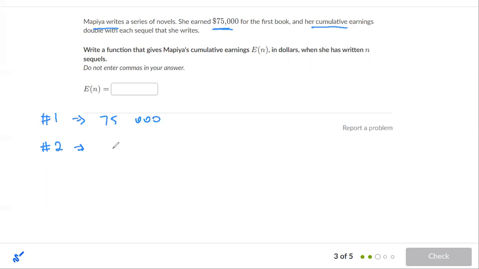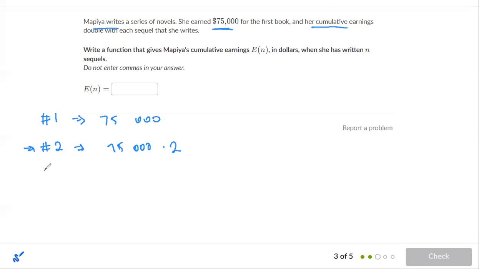So right now after the second one, we should double this number. So I can just say 75,000 times 2. Her cumulative earnings after the second book is going to be twice the first one, because we were told that her cumulative earning, which is combined earning, will be doubled.